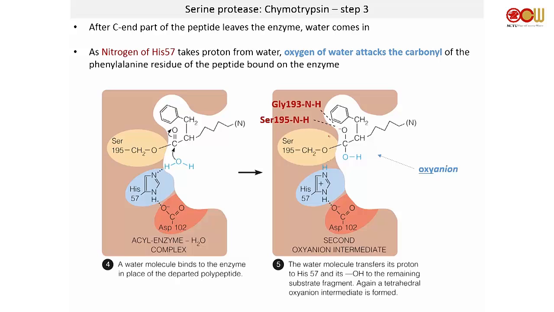Right? So how do we do that? So then after the first half of the substrate leaves the enzyme, you have water that's going to come in. So this guy is water. And water, of course, is polar. So it's going to interact with this nitrogen. Again, this nitrogen has lone pairs. So this is a very good nucleophile, right? Has a lot of electrons. And water is superpolar.